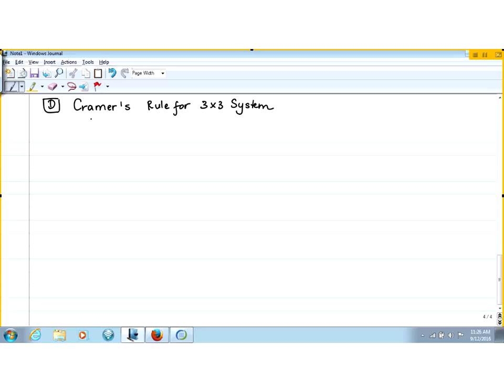What does 3 by 3 system mean? There you go. So you'll have X, Y, and Z. Same thing here for Cramer's rule. It's just that you have a Z, which is d sub z over d. So the solution of a 3 by 3 system: A1x plus B1y plus C1z is equal to D1. So notice that you have one more variable, ABC, and then D.